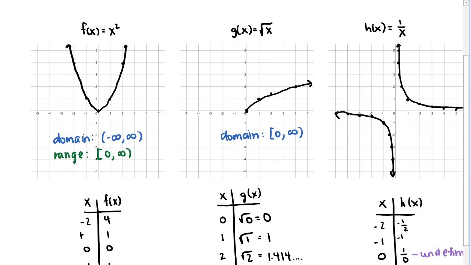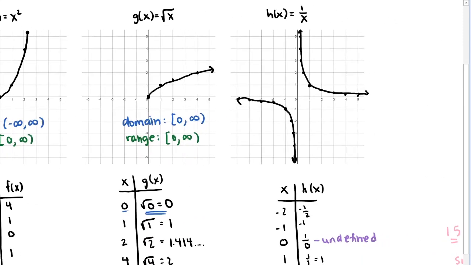Because we can plug in 0, we're including it. The square root of 0 gives us an output, so it's in the domain. The range is also from 0 to infinity, inclusive of 0.